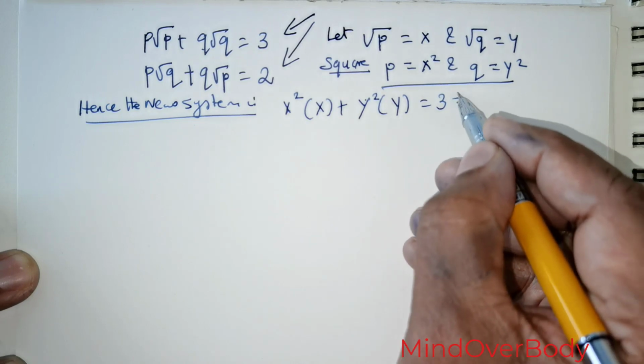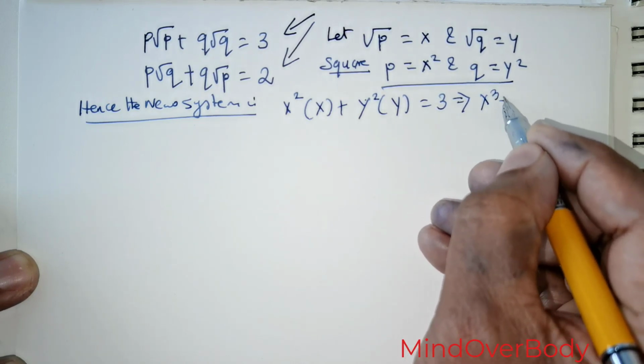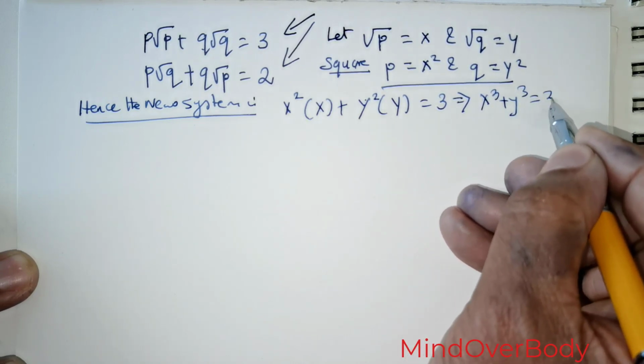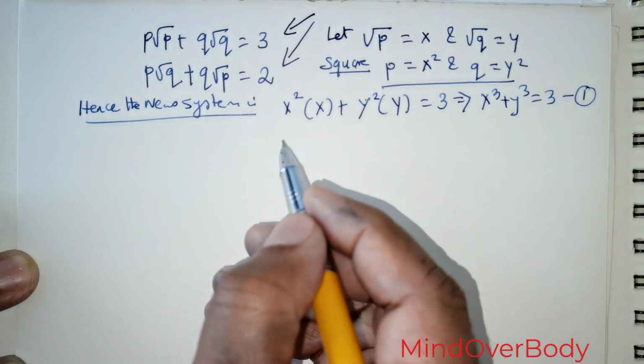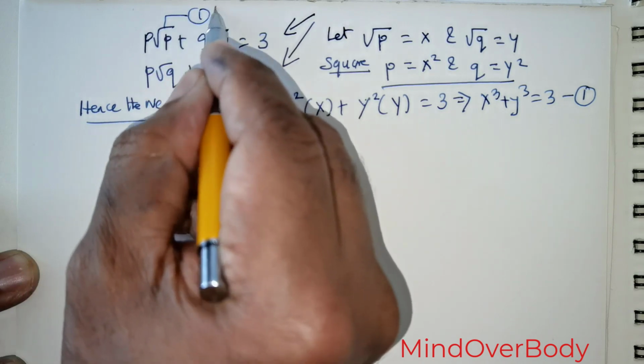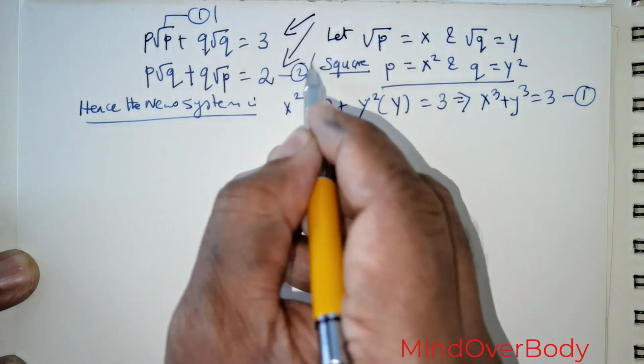Of course this can be rewritten as x cubed plus y cubed is equal to 3. I'm taking this as equation 1, and we can take the other as 2 prime.